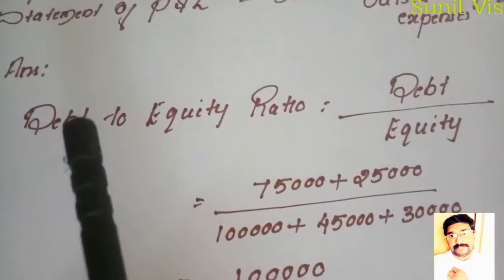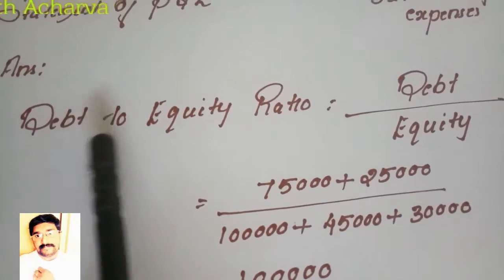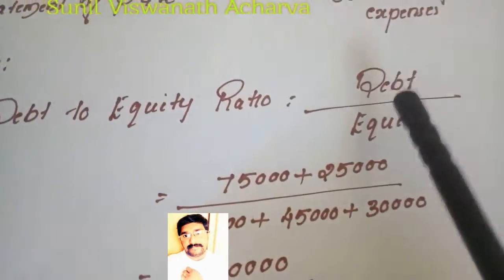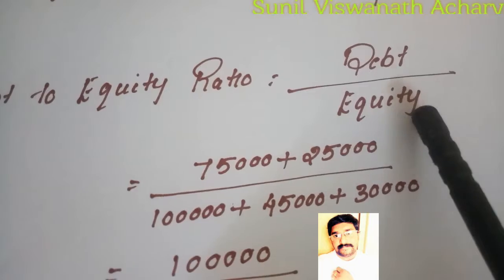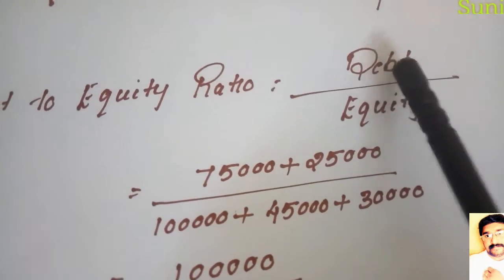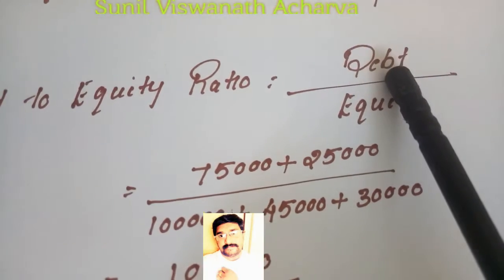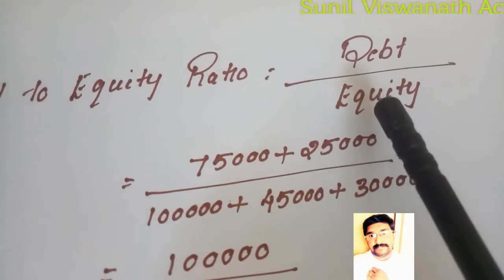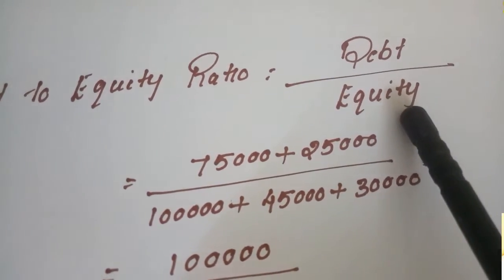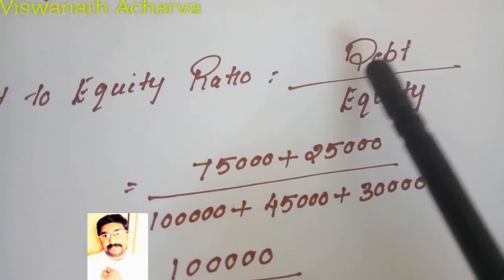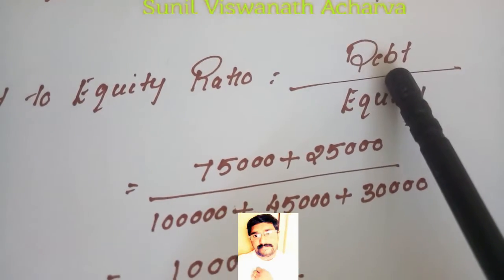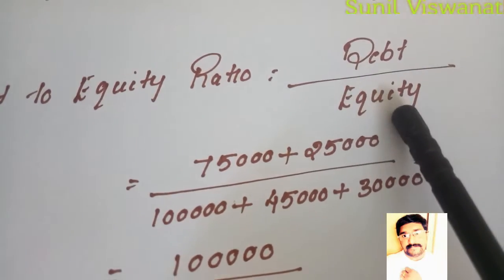We know the formula for calculating debt equity ratio. Formula is debt divided by equity. Debt means here long term debt, not short term debt, only long term debt. Equity means shareholders fund. So from the question you have to identify which are the long term debts as well as which are the shareholders fund.